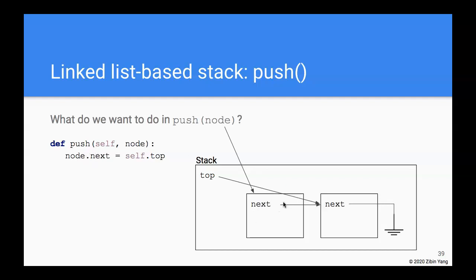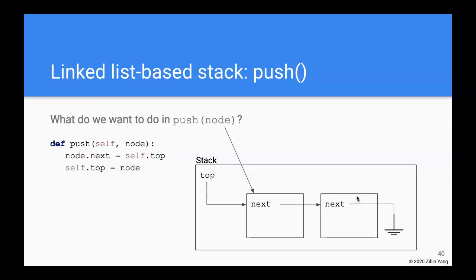So we want the new node's next to point to the old top. That's what that line accomplishes. And then the next thing we want to do is make the top point to the new node. So that's the goal that we originally set out to do, and that's what these two lines accomplish.